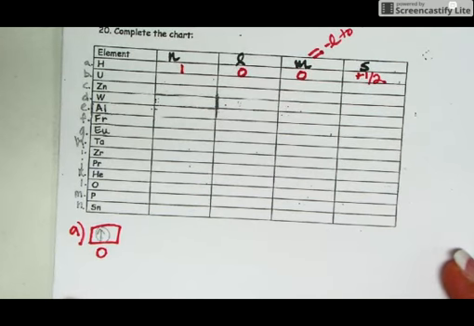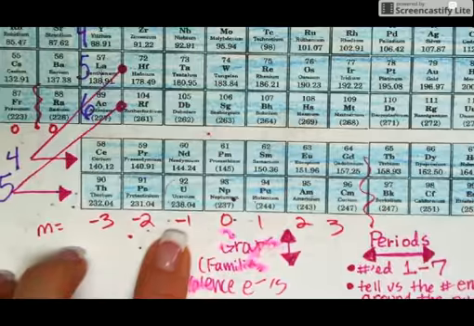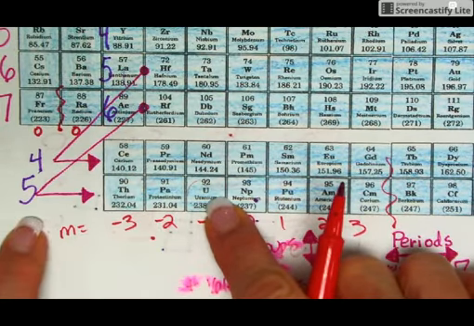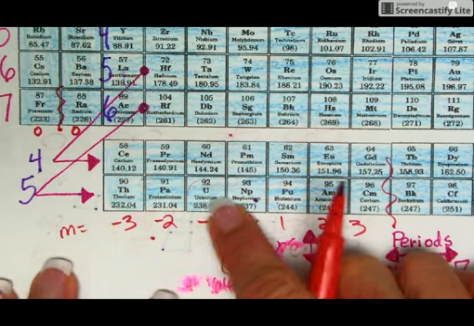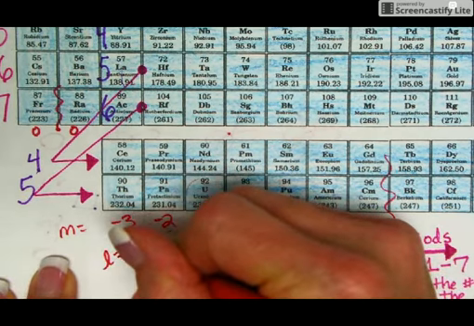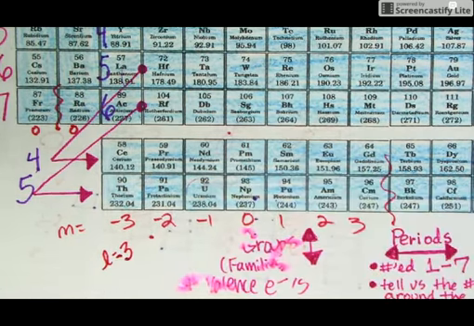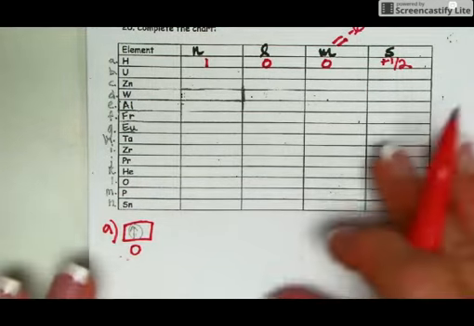All right, let's look at uranium. Uranium is down here in the F block. The period is 5. That's your N quantum number, 5. For all the F's, L is equal to 3. So we have 5 and 3 for the first 2 quantum numbers for uranium.